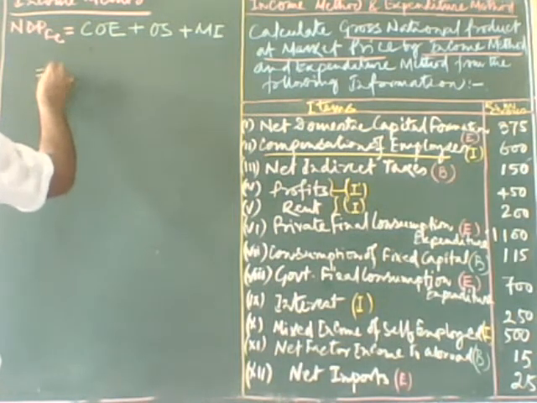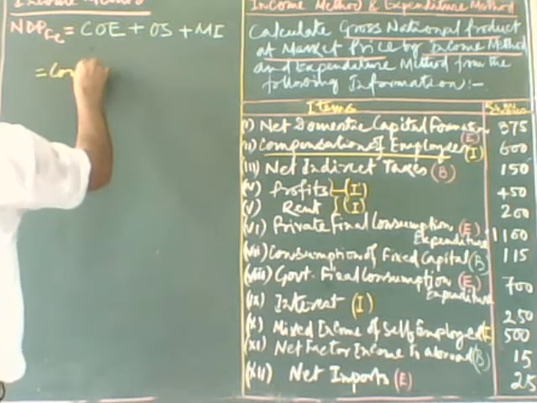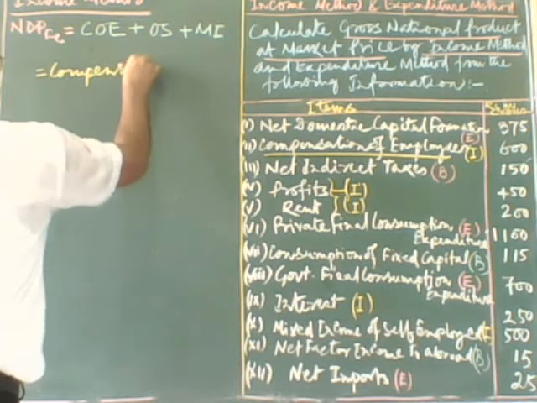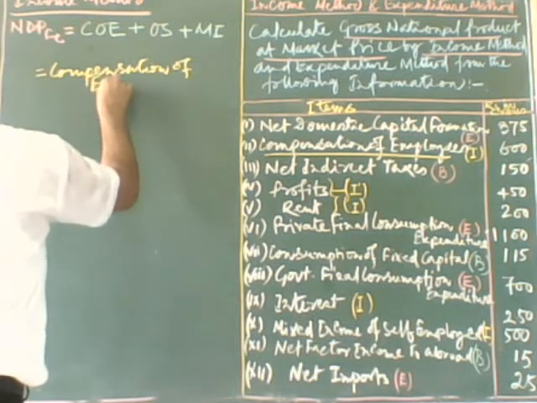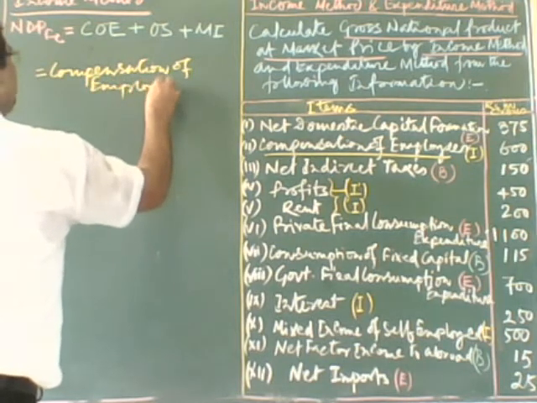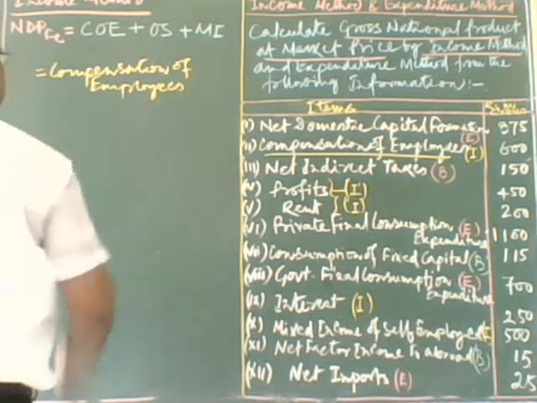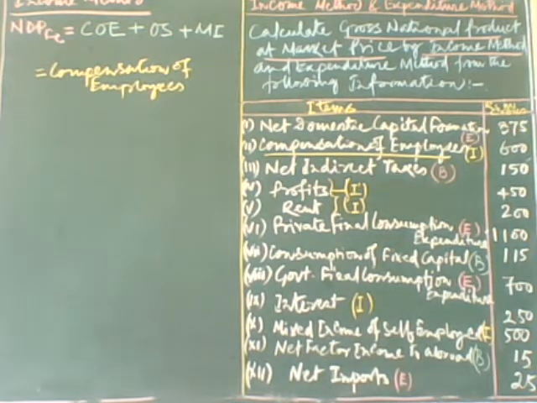Now you have to write the compensation of employees, plus operating surplus.